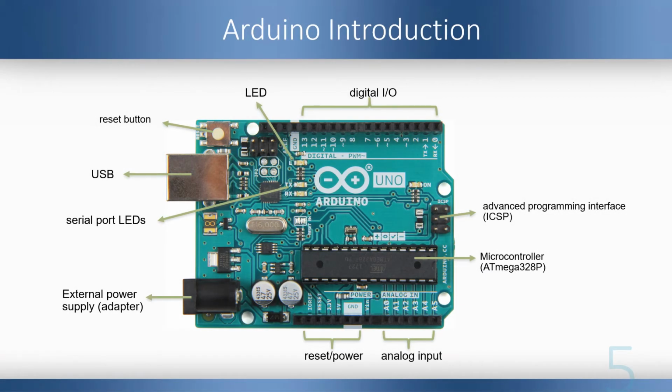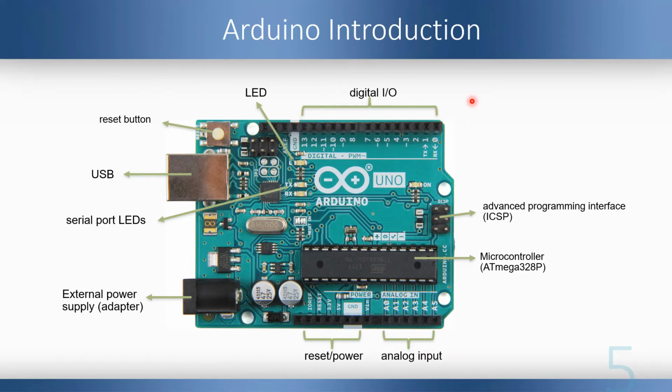We have this board. This is the Arduino board. It has a chip on it. This chip is the microcontroller. This chip is the brain of this device, and this is the piece that you will be programming, and this will control the input and the output digital pins, which is right here.